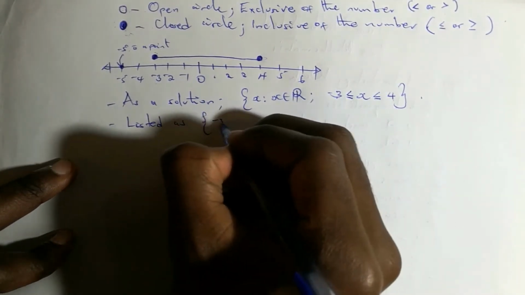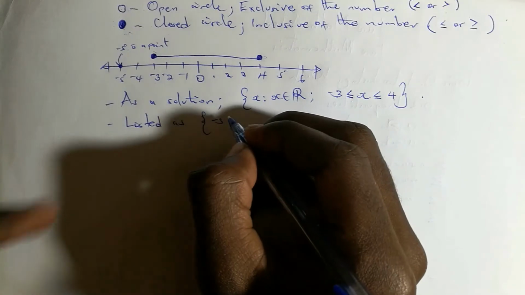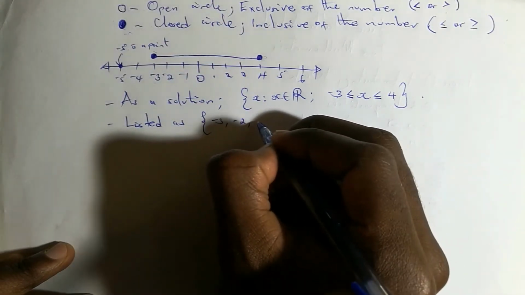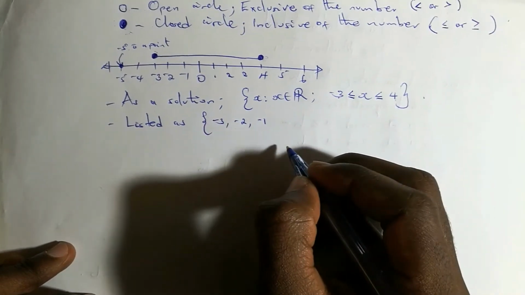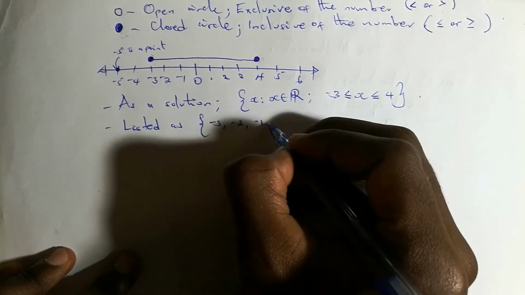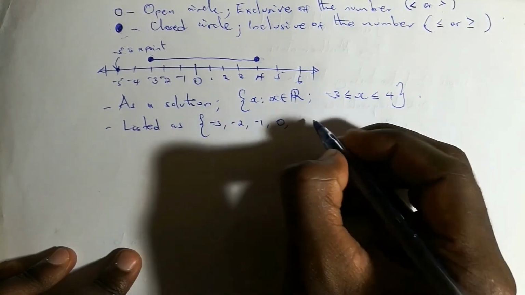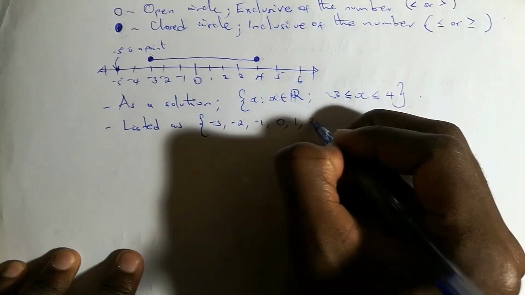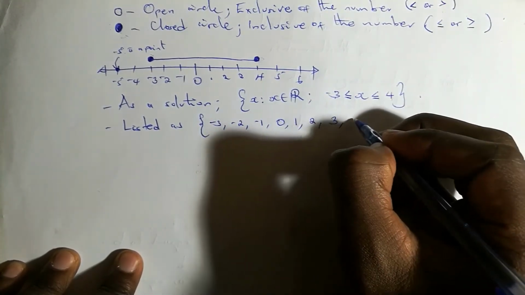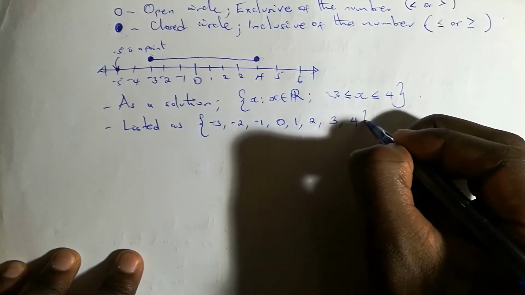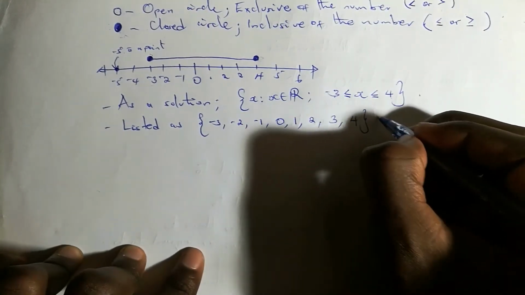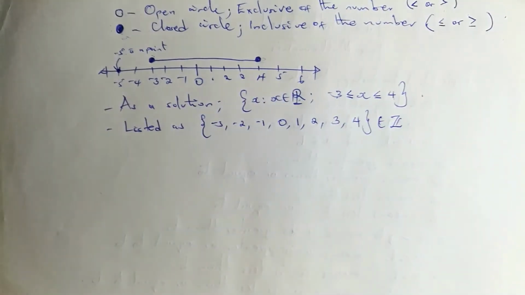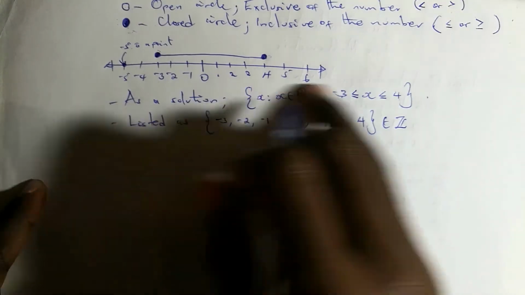We have from -3, since we have a closed circle, -3 is included in the set, -2, -1, and 0, 1, 2, 3, and 4 is also inclusive, in case this set is a set of integers, because for real numbers you can't list all real numbers.